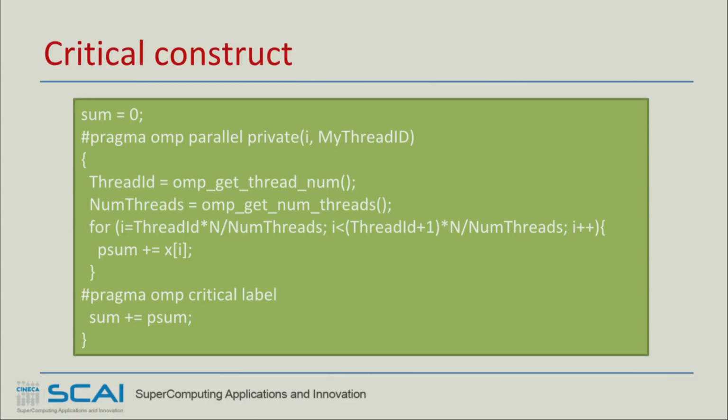Let's suppose that you have two threads and a loop with two items. The first iteration is done by the first thread. It accumulates here, and the other does nothing. The second iteration is made by the second thread, and just the second thread contributes here.